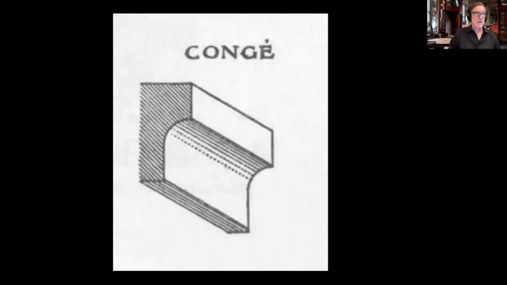Okay. Our next molding is the conge. The conge. So let's draw that one together. Conge.